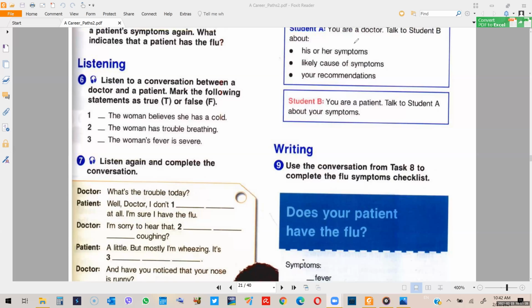Recommendations, as you listen to the doctor, he said, you have to take some rest for a few days, you have to drink lots of fluids, and I'll prescribe some, we say, medicine to ease the pain, painkillers like paracetamol and other issues related to painkillers. Okay.